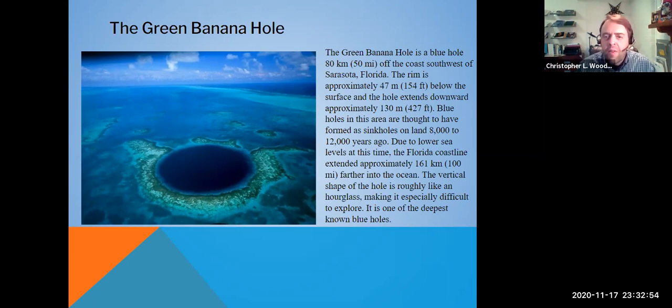This one is about 50 miles off the coast of Florida. It's about 154 feet across and extends about 427 feet down. Blue holes in this area are thought to have formed as sinkholes on land about 8,000 to 12,000 years ago due to lower sea levels, and then as sea level rose, they filled in with ocean water.